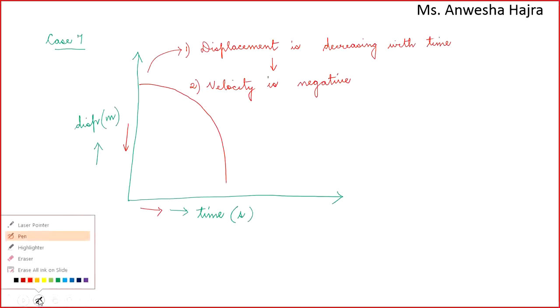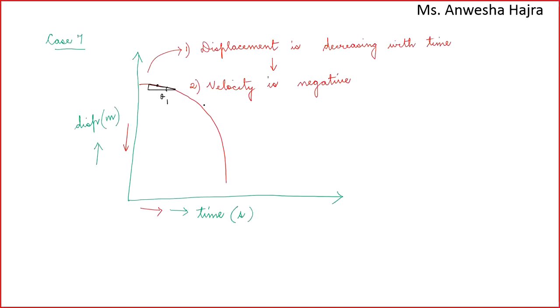Now if you want to find the velocity at any point, draw a tangent. This angle is theta 1. Draw a tangent over here. You see the angle is increasing. At this point, if you draw a tangent, you see the angles are increasing with time.